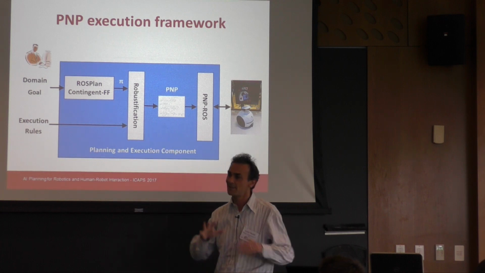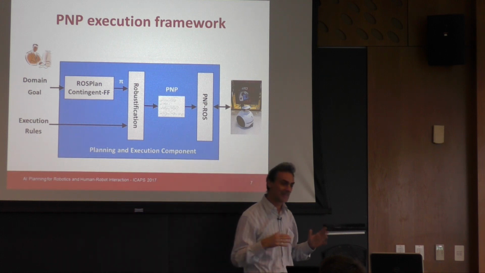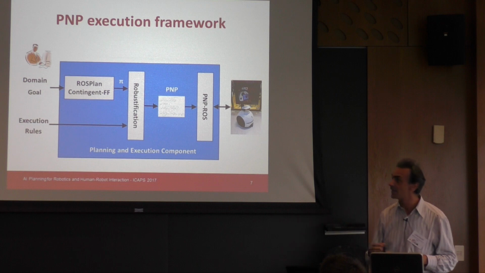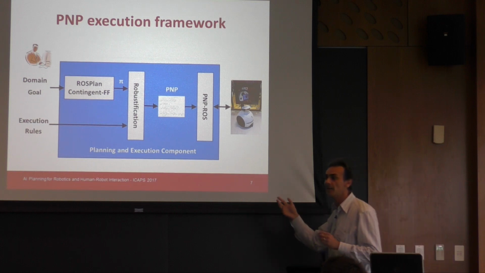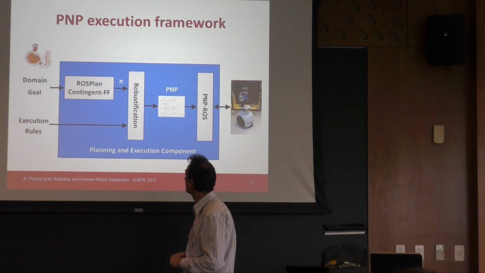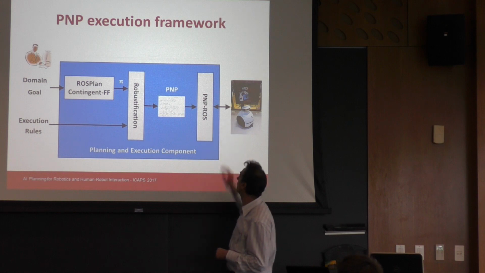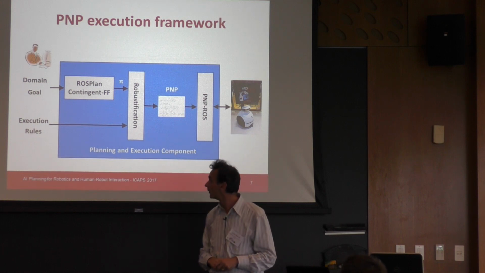Of course, this is a very optimistic plan, because we will see that sometimes we have to use some tricks, for example, in the execution framework in order to make this system really work on the robot.